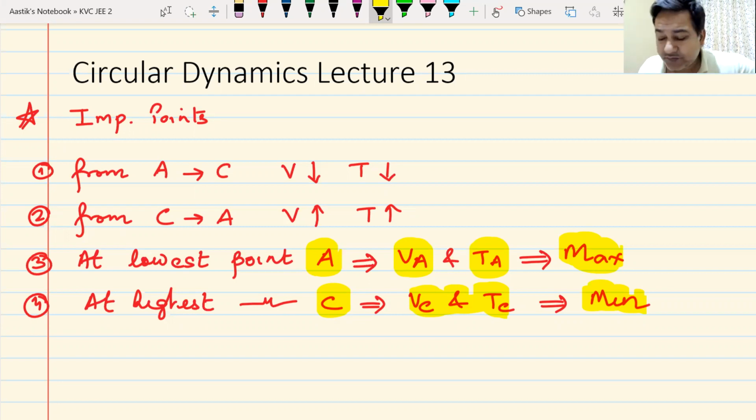And what are the next sets of equations that you have to write? Especially in vertical circle. In horizontal circle, you don't need to write it. But in vertical circle, you need to write the next set of equations. What are the next sets of equations? Anyone? No one knows it.